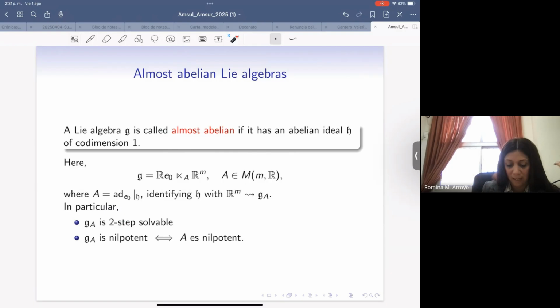In particular, they are two-step solvable Lie algebras. That is pretty easy to see. And the Lie algebras are going to be nilpotent if and only if the matrix is nilpotent.